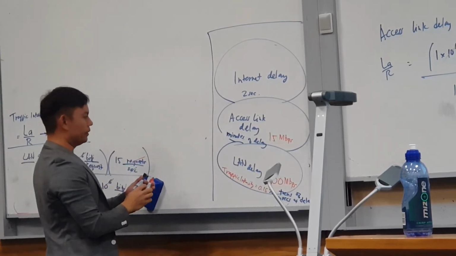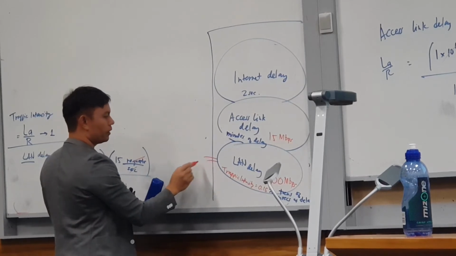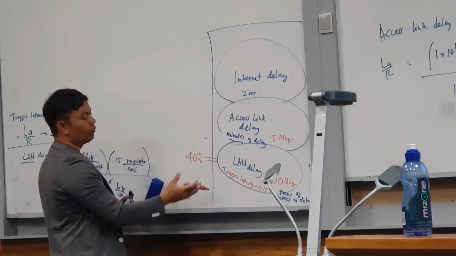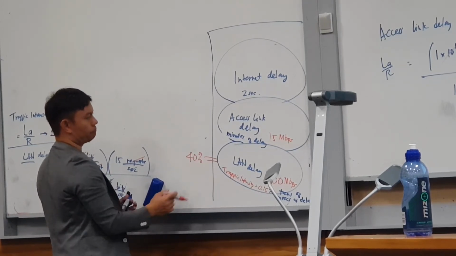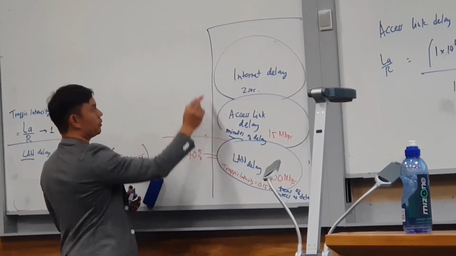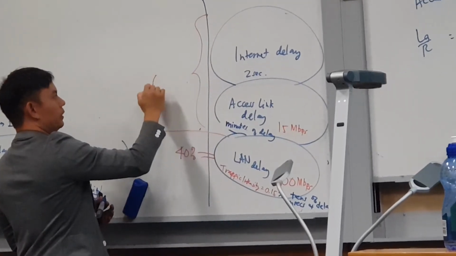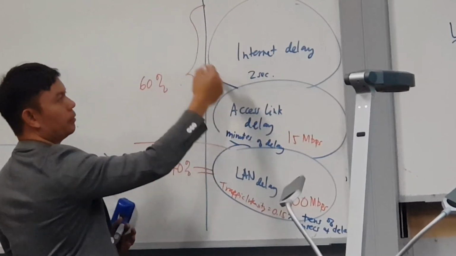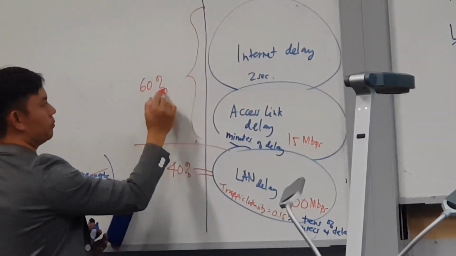And according to the analysis, 40% of the time, the request could be satisfied by this line. Okay. Then 60% of the time, it has to go through the bottleneck link as well as the public internet. Okay. 60% of the time.